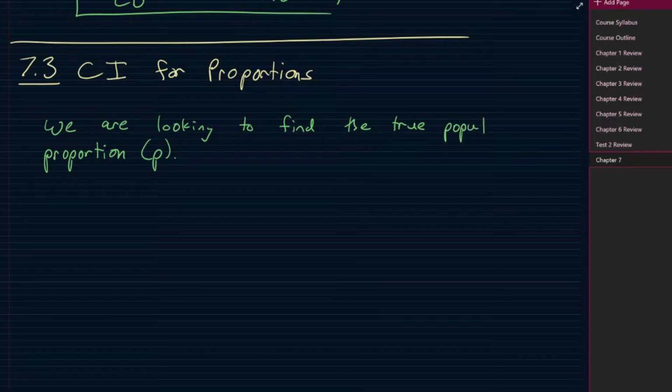So the population proportion, that's what we're looking for. That's called P. So we use a sample proportion as our point estimate.